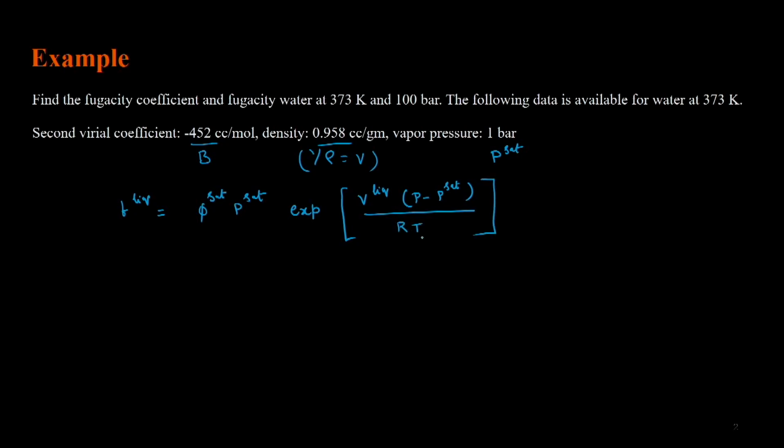This is the expression we have just derived. So we have to use this expression and calculate the fugacity of the liquid phase. We'll take each term at a time.